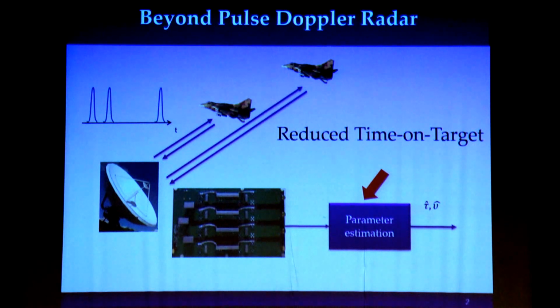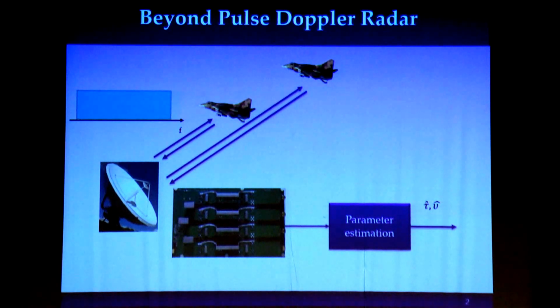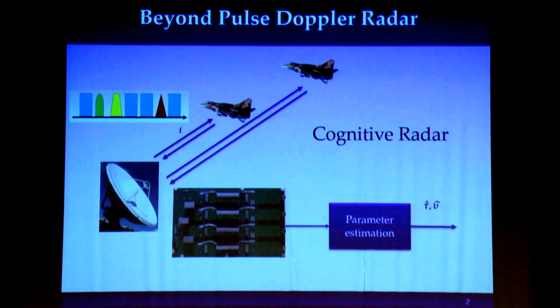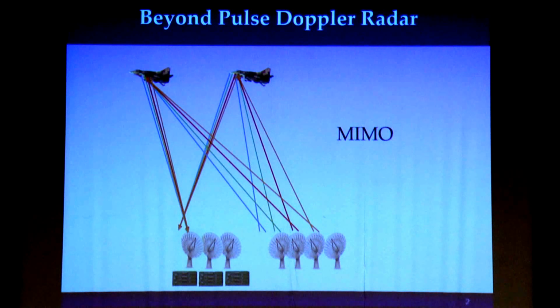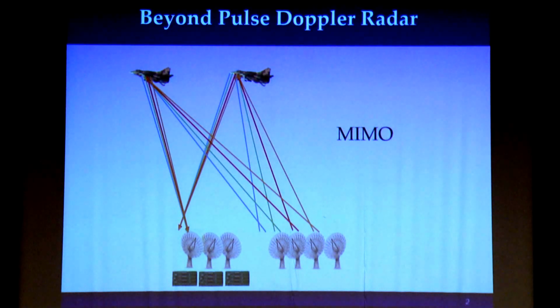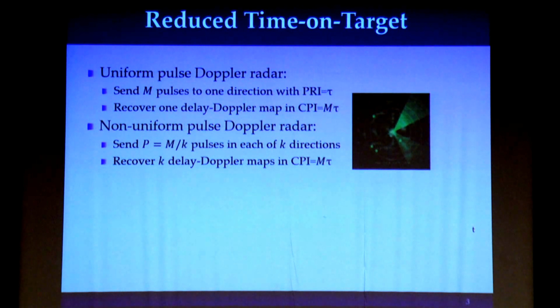The second extension, which Omer started talking about, is cognitive radar. What we did so far is send a wideband signal towards our targets, and we'll see that if we transmit several narrowband transmissions, we can go further towards cognitive radar. And the third application is MIMO, where we have several antennas at the transmitting part and the receiving part also. So let's start with reduced time on target.